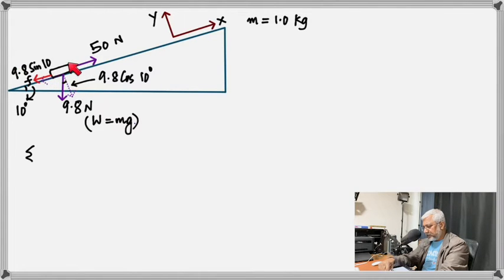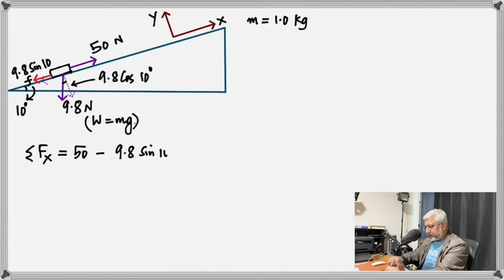So since this is positive, these 2 forces would be negative. So when you take the net force, that's the net force along the x-axis, it is 50, because 50 is positive, minus 9.8 sine of 10 minus the friction.